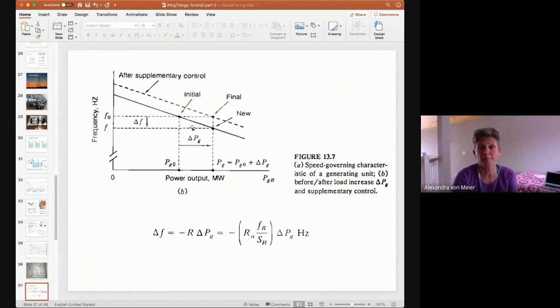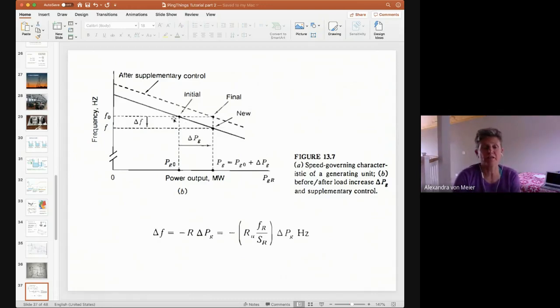If the frequency goes up, it'll back off on the power, and a given generator will have some range where it has flexibility to operate. So by moving along this curve, the generator will be performing primary frequency control and helping stabilize the frequency.